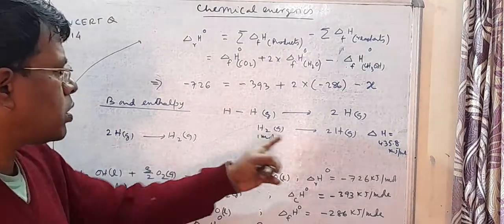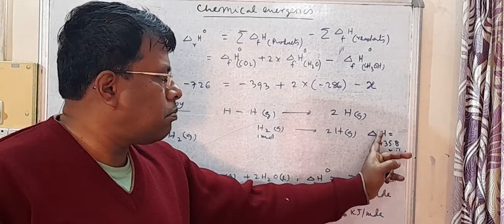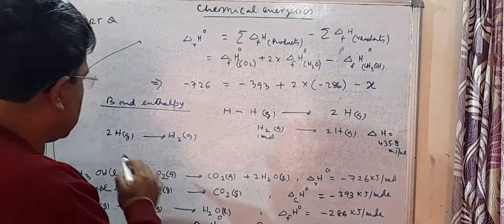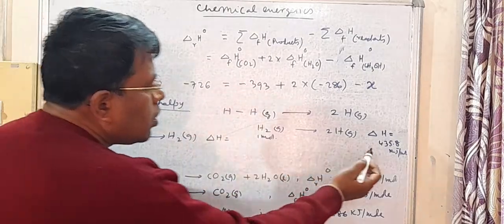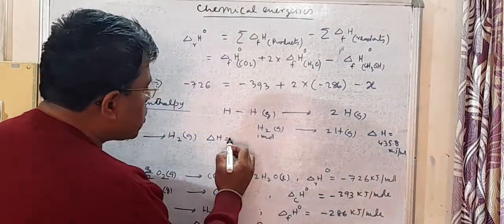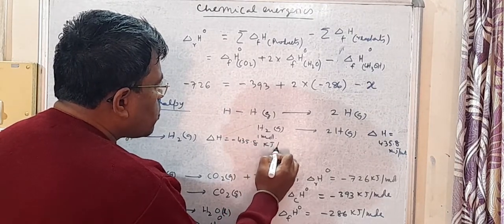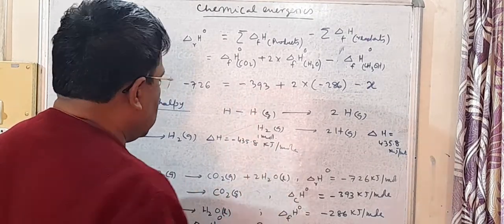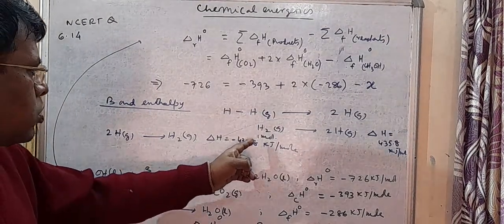If I reverse the equation, this enthalpy value will remain the same, but the sign will change. So for this process, delta H value will be, here it was 435.8, so it will be minus 435.8 kilojoules per mole.